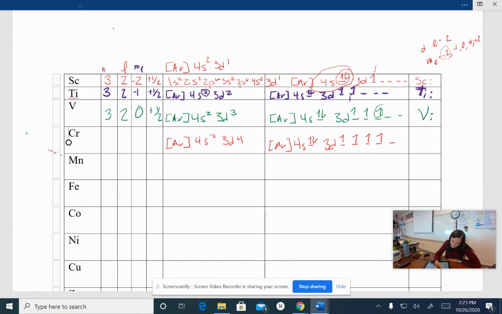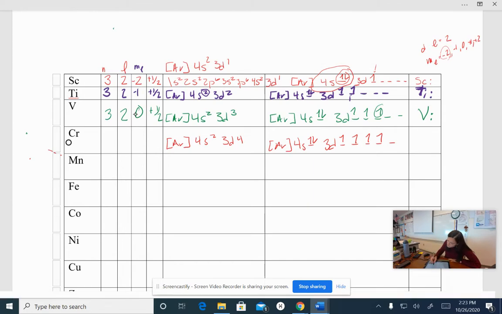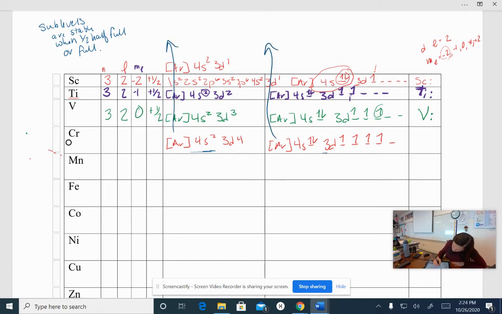So I want to show you yet another rule here. These sub-levels are extremely stable when they are exactly full or exactly half full. So sub-levels are stable when exactly half full or full. So we're going to rearrange these a little bit. So here we go. Instead, this is how it's going to go.